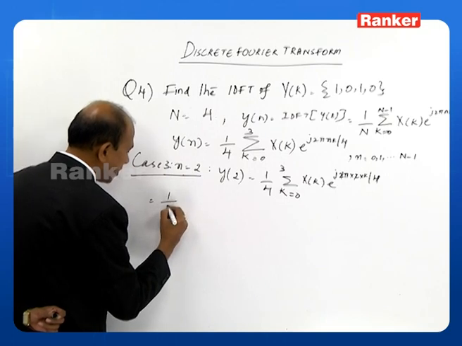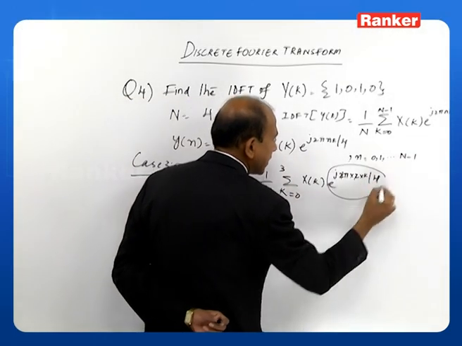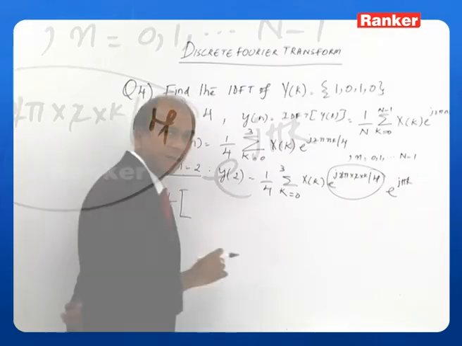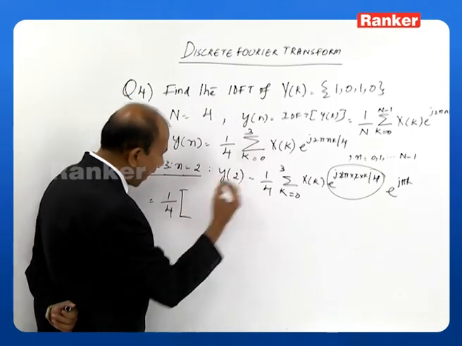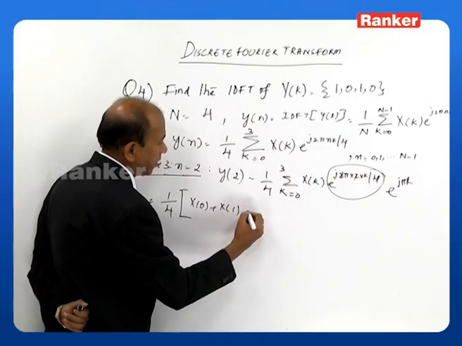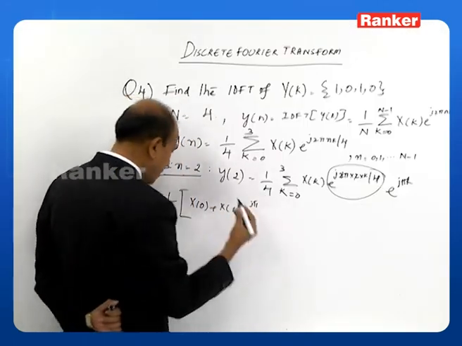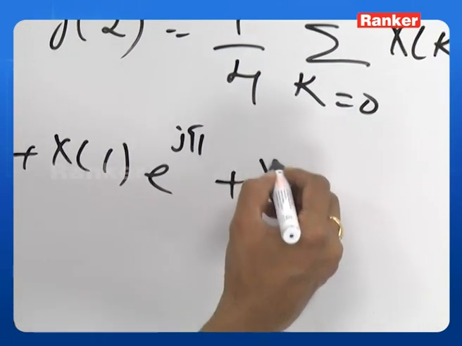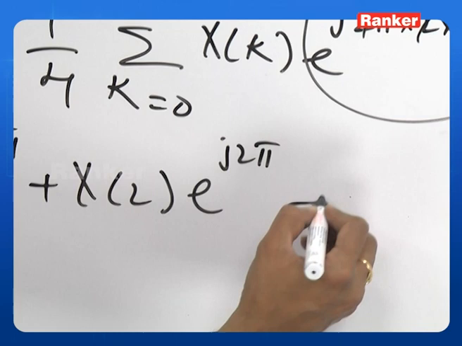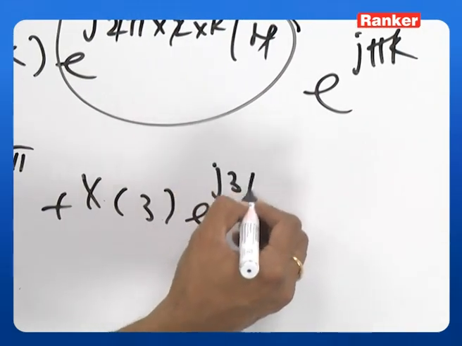So let me write here 1 by 4. Okay, so this I can write as e to the power of j pi k. So let us put that here for our clarity. So now x of 0 first comes, then comes x of 1. Okay, so that will be e to the power of j pi, remains as it is. Then comes x of 2 e to the power of j 2 pi plus x of 3 e to the power of j 3 pi.